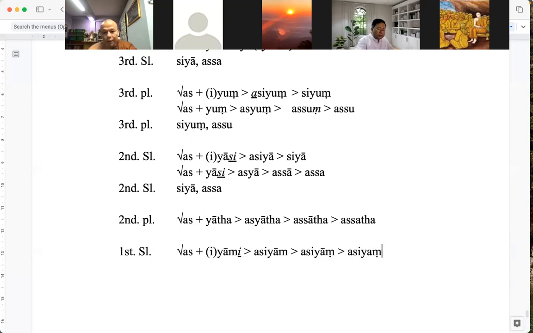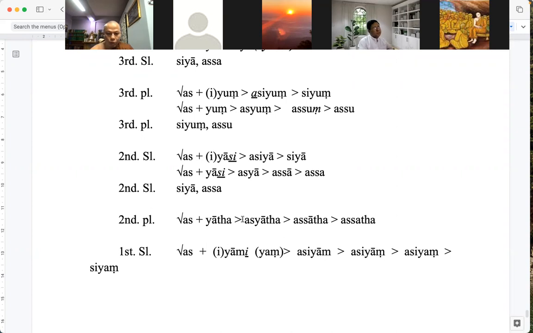So asiyam, and then this also gets dropped. So that is the final form. We use siyam, only siyam. So that is why here, instead of the yami, in this case we can understand just the yam form.